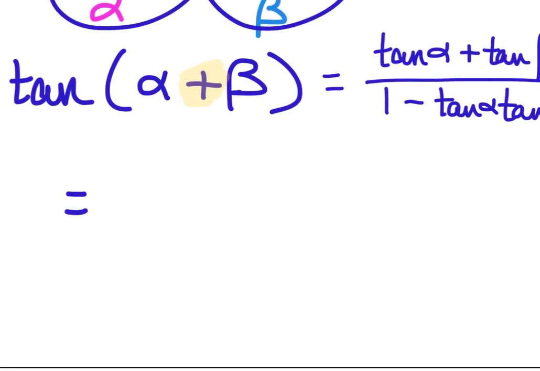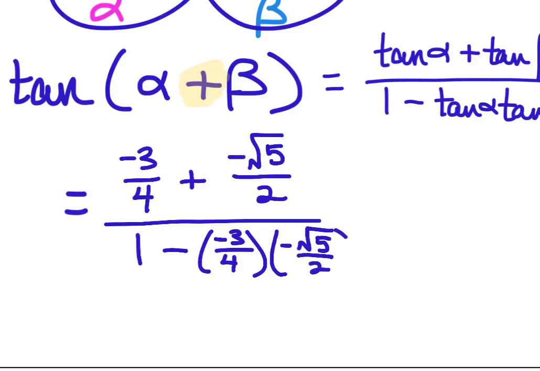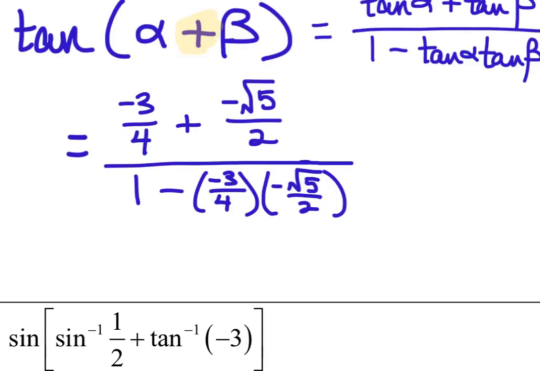Tangent alpha is negative 3 over 4. Tangent of beta is negative radical 5 over 2. And then I'm going to substitute those same values into the denominator. And yes, you have to simplify that.